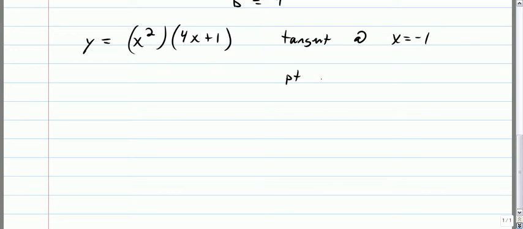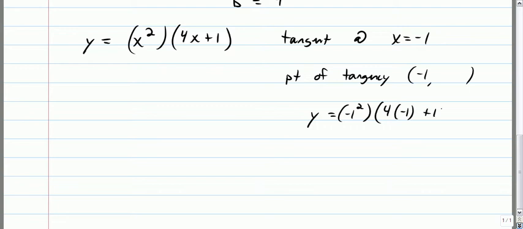So our point of tangency is at -1 comma, well, I'm going to plug -1 into my function and see what y is. So y equals (-1) squared plus 4 times -1 plus 1. So (-1) squared is 1.